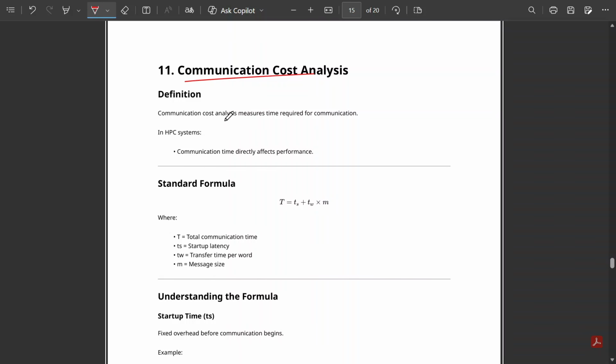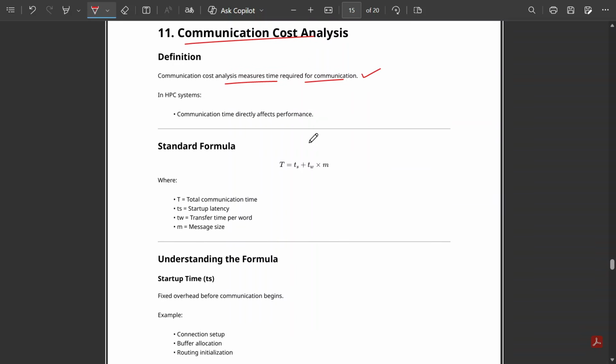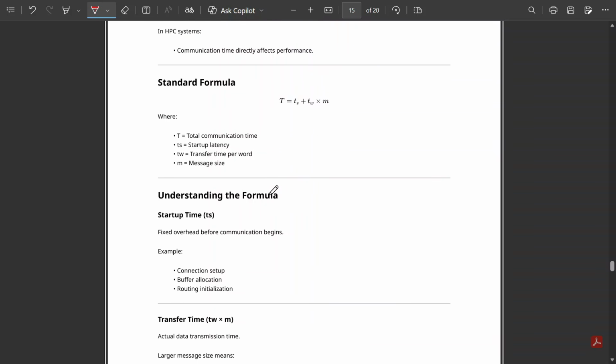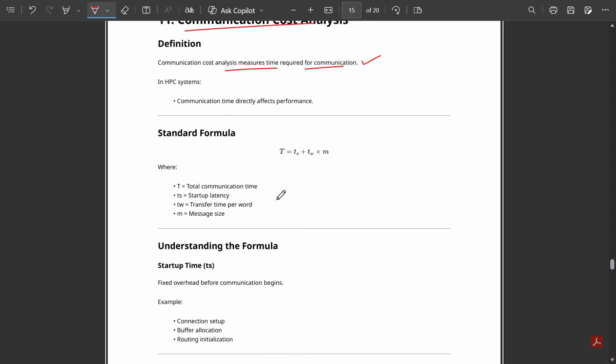Communication cost analysis measures the time required for communication. It is necessary because processes may be fast, but communication between them can still slow down the program, and we need to analyze how much time communication takes and where delay occurs.